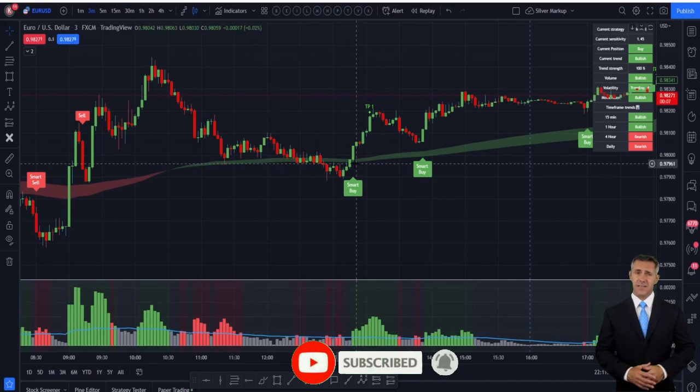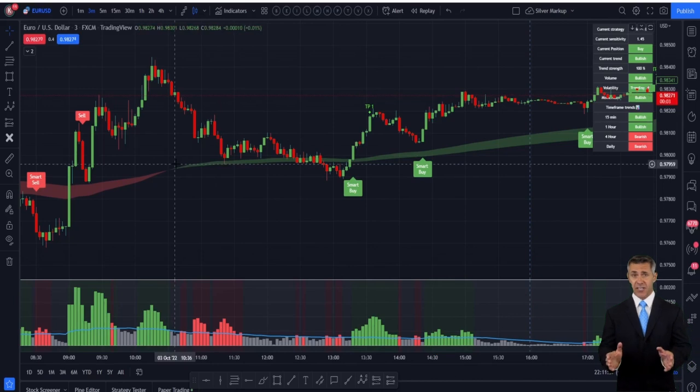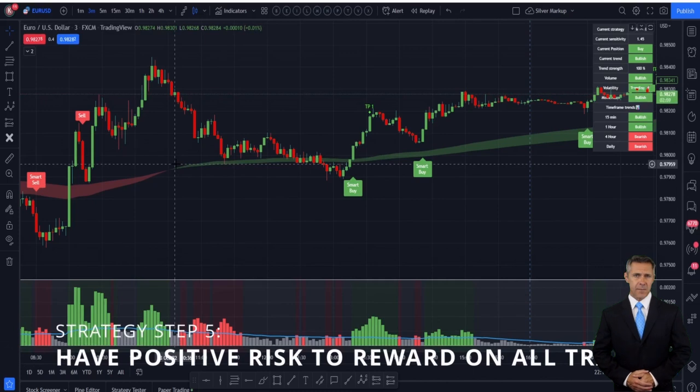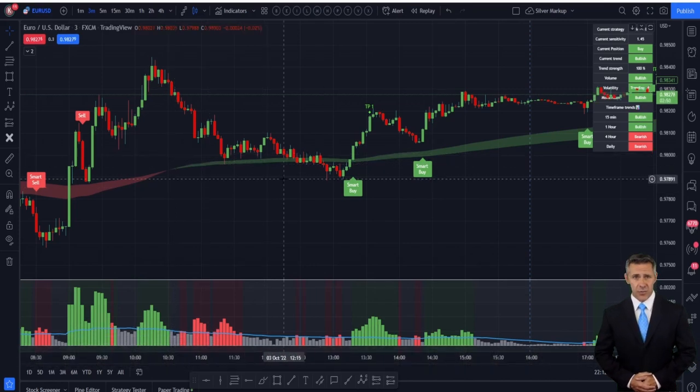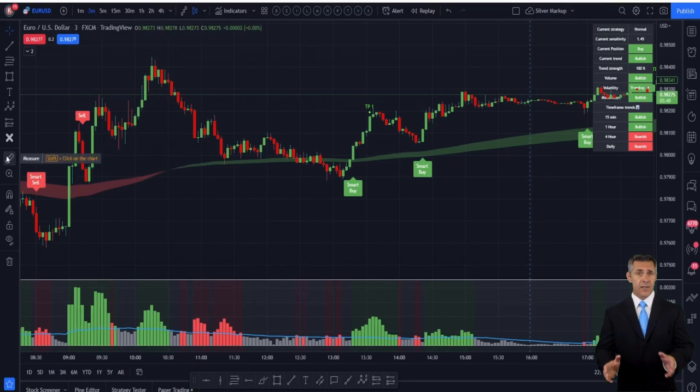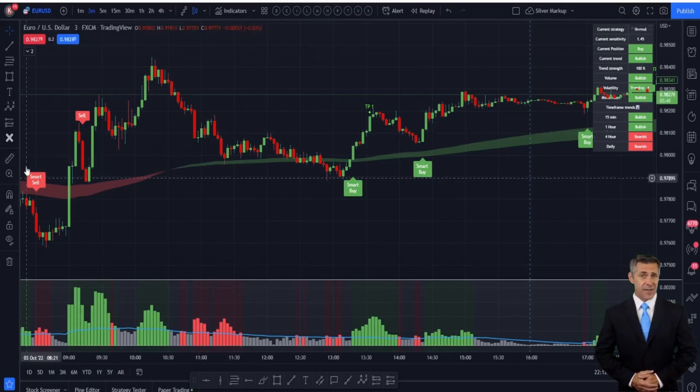And with the scalping strategy, you want to have a positive risk to reward ratio, maybe like 1 to 1.5. So for every $1 you're risking, you want to have a $1.5 reward. For example, on Euro USD, I would do something like a 10 pip stop loss.